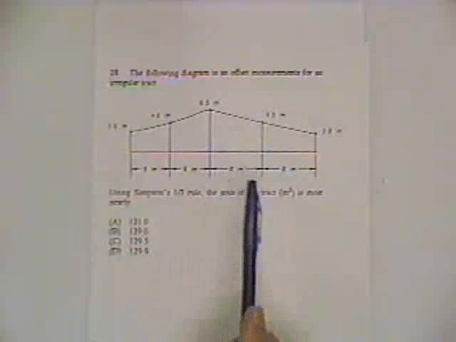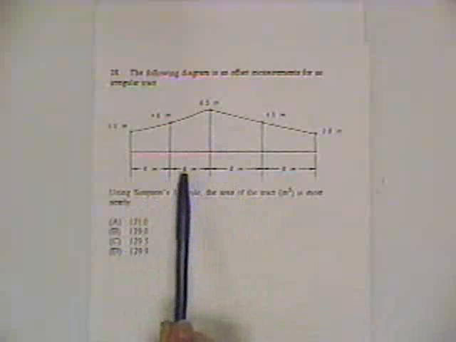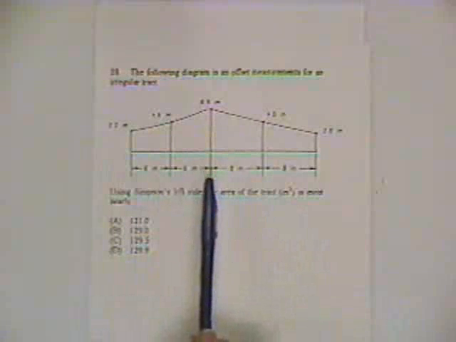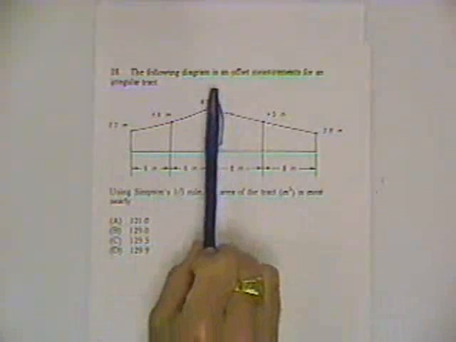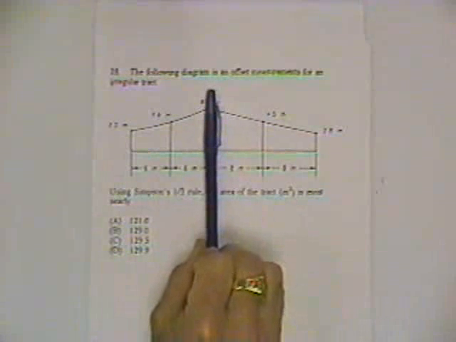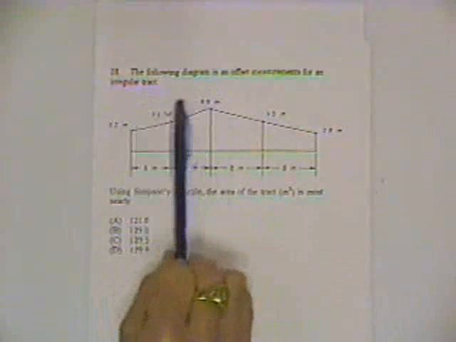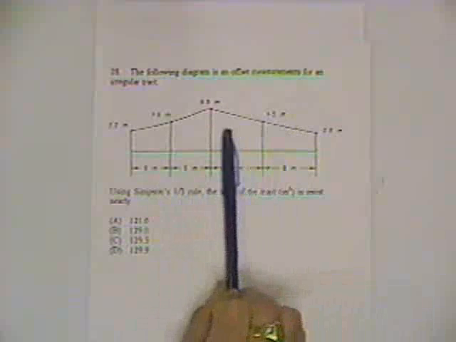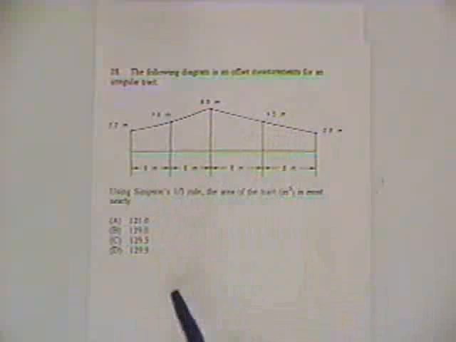The important thing to note is that the data is given where you have 1, 2, 3, 4 segments, but the segments have different values of delta x. So you have to break the problem down into 2 parts: apply Simpson's Rule to the first part where you have a constant delta x of 6 meters, then apply it to the second part where you have a constant delta x of 8 meters.